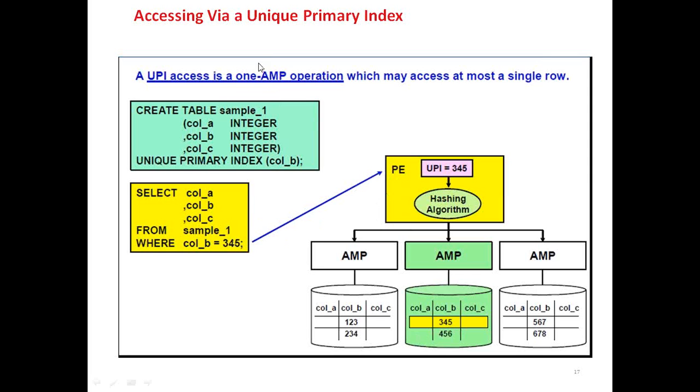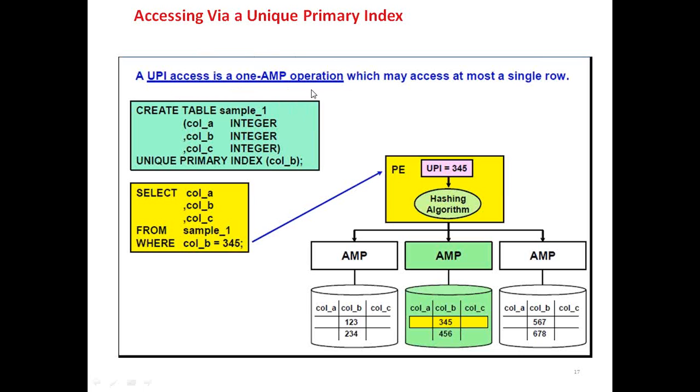You will achieve a one AMP operation because all the primary index values which are the same will generate the same hash value, and all these rows would be inserted in the same AMP. Let's suppose 345 has 4 records. All these 4 records will be stored in the same AMP. So when you request the 345 data, all the rows existing in this AMP2 will be retrieved back. So in case of a non-unique primary index also, it is a one AMP operation.